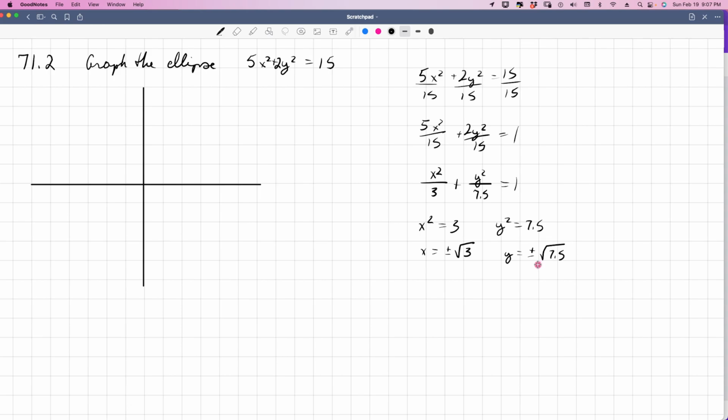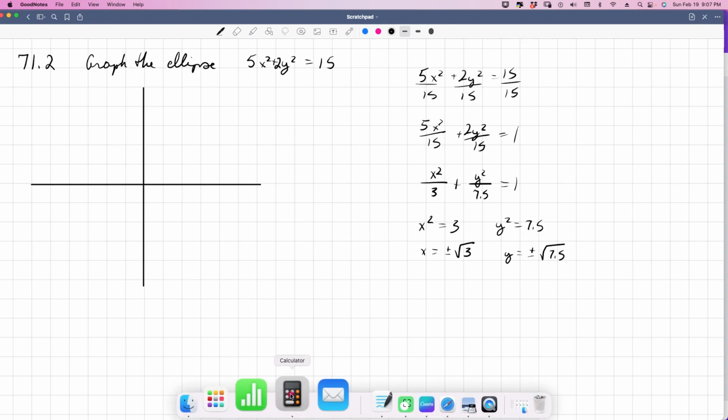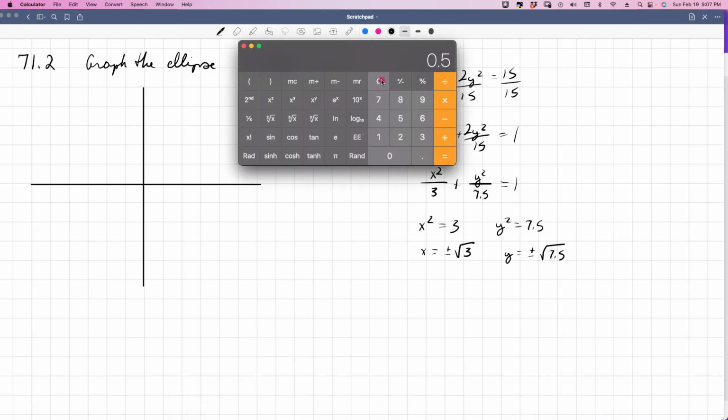So the distance is square root of 3, and the distance is square root of 7.5, but you have the positive side and the negative side for the x, and the positive side and the negative side for the y. So let's see if we can figure out what those are. All you really have to do is put that in the calculator and put in 3, and the square root of that is going to be 1.73. So we're going to have a positive and a negative.